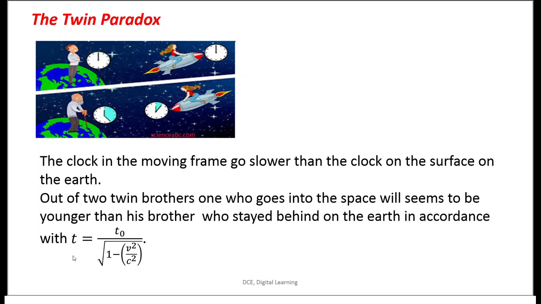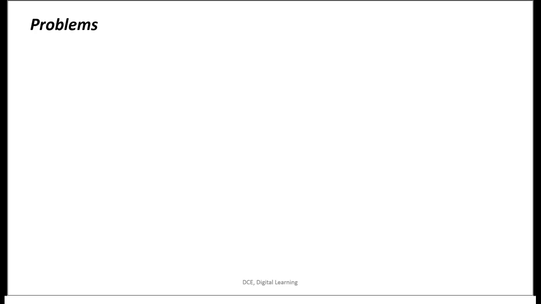With reference to time dilation, the brother who stayed on the earth becomes older than the brother who went on a journey in a spaceship with a velocity nearly equal to the velocity of light. This phenomenon is called the twin paradox.